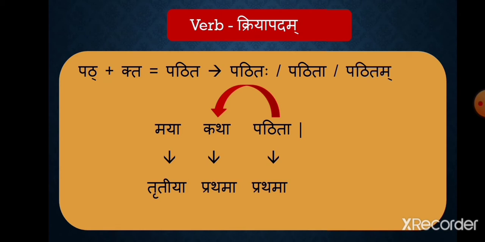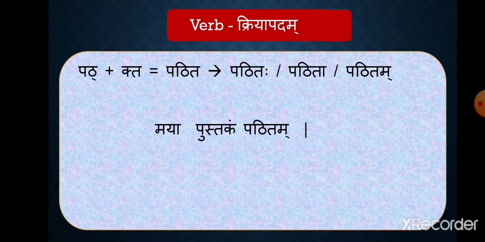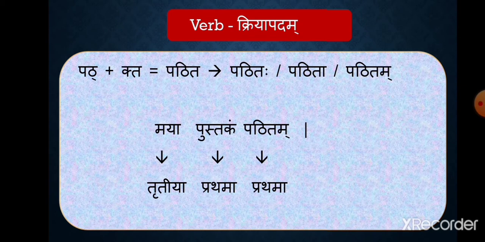Let's see one more example. Maya pustakam pathitam. In this sentence, maya is the subject of the sentence, which is used in tritiya vibhaktihi. Pustakam is the object of the sentence, which is used in prathama vibhaktihi, and pathitam is the dhatuhu plus kta pratyay form, which is used in prathama vibhaktihi.